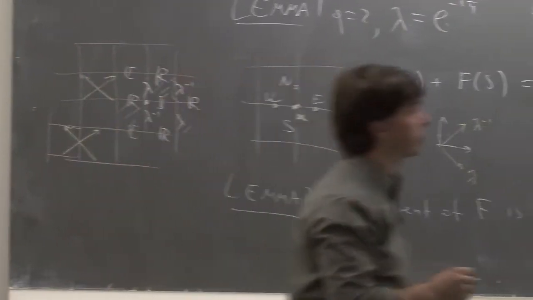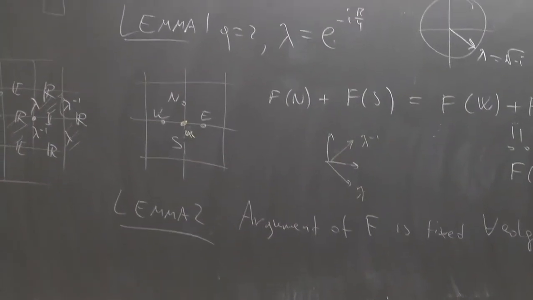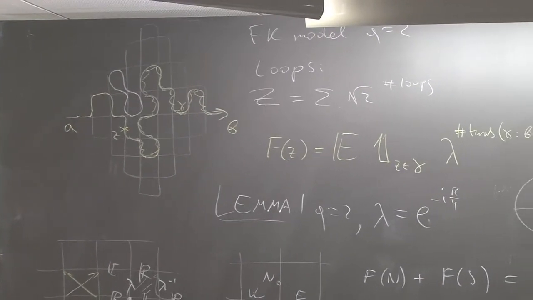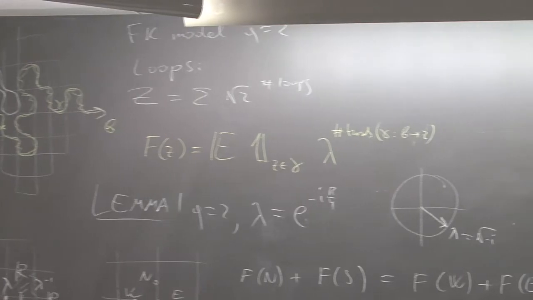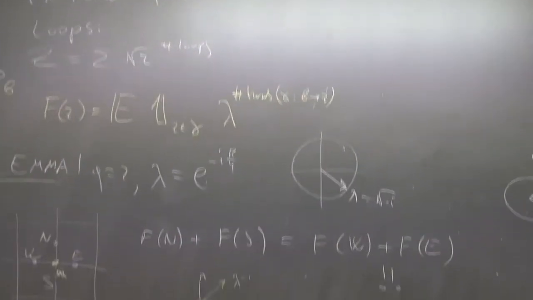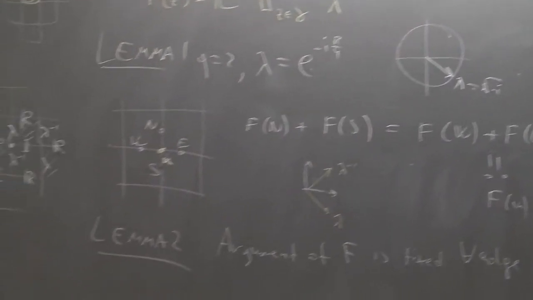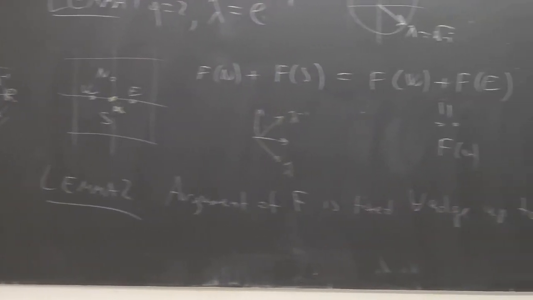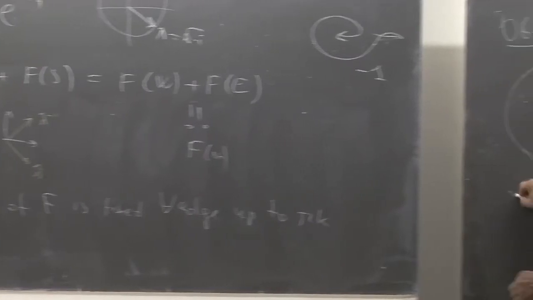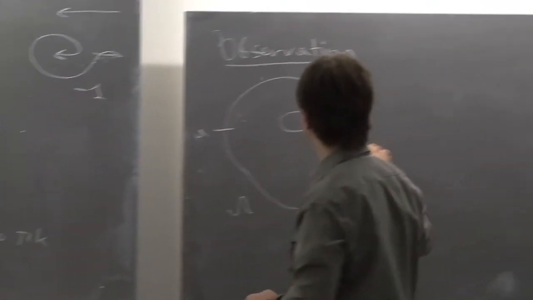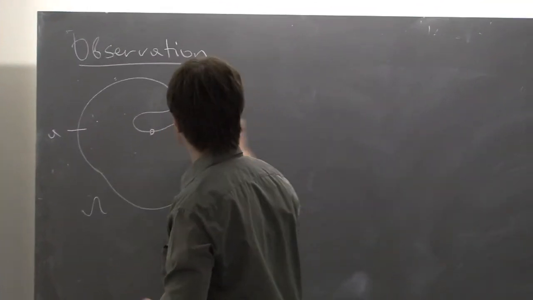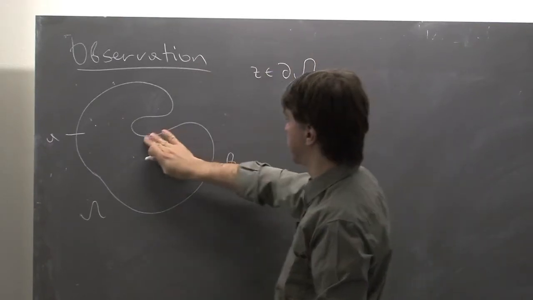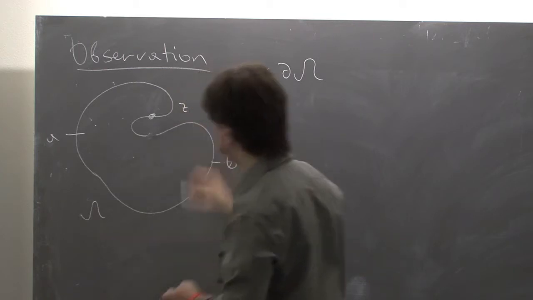So let's start with an observation. We'll start first with a sort of informal thing. Suppose we have some domain omega, we have this point A, we have this point B, and suppose that point z belongs to the boundary of omega, say, somewhere here.